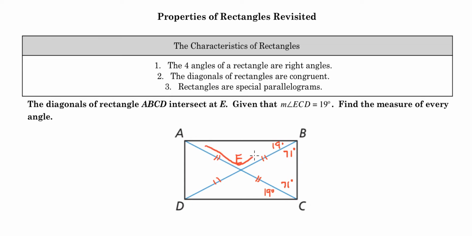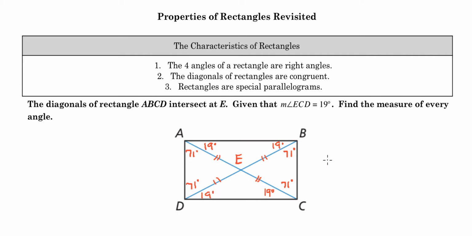Because this is an isosceles triangle, I can use the isosceles triangle theorem again, which means this angle must be congruent to the angle opposite its congruent side. Then I know this angle over here will be 71, because the angles of a rectangle must be 90. And this is an isosceles triangle, which means this must be 71, which means this must be 19.